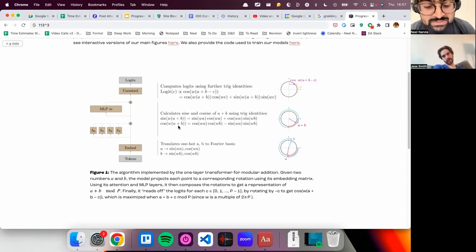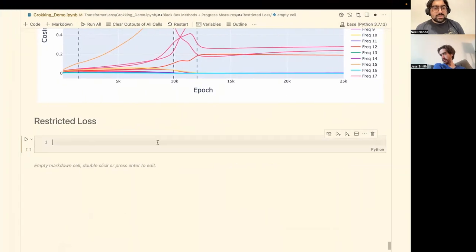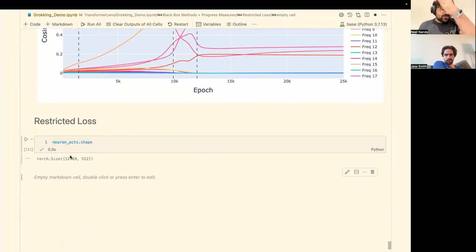It's worth emphasizing this point because I'm actually doing a kind of weird thing here. If you look at the neuron activations, the shape is 113 squared, which is the space of pairs of a's and b's, by 512, which is the number of neurons.